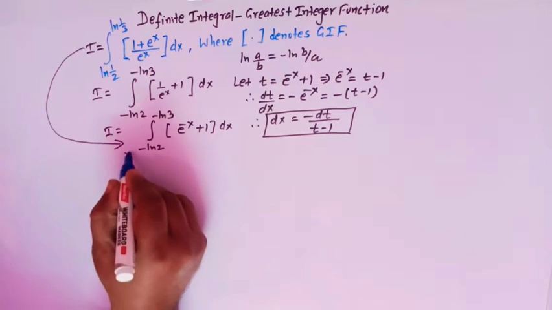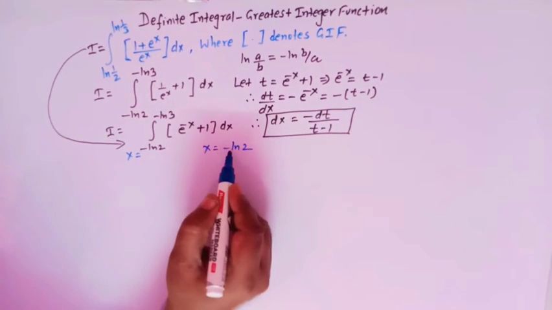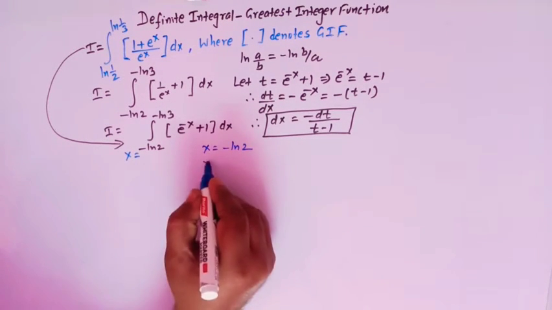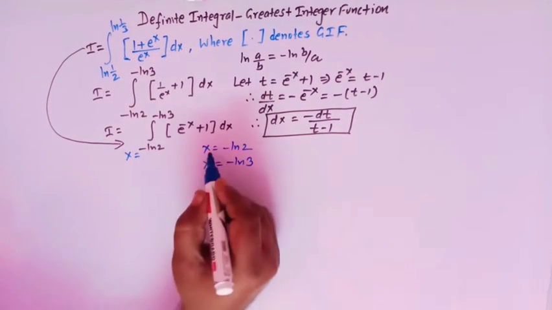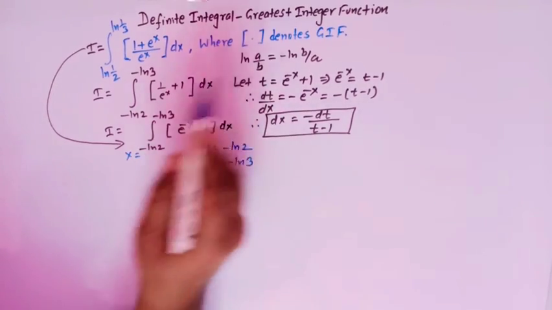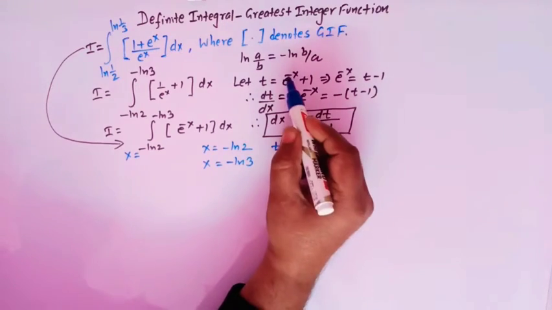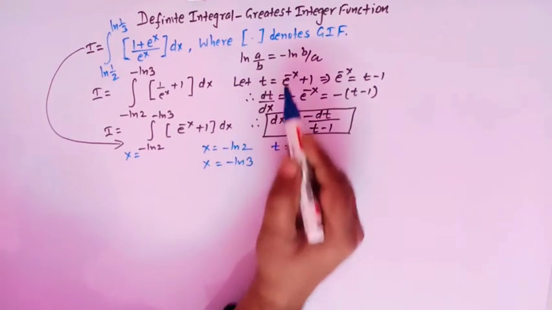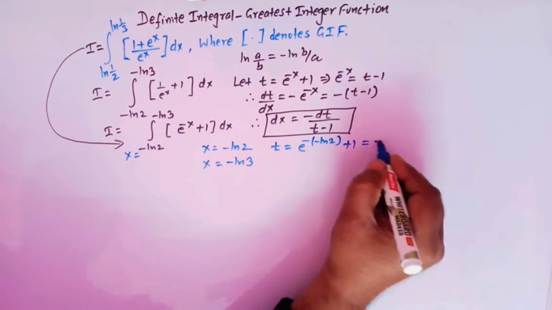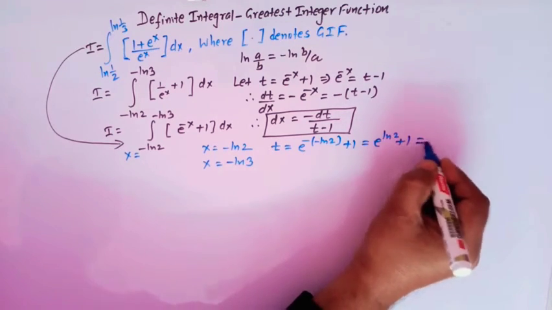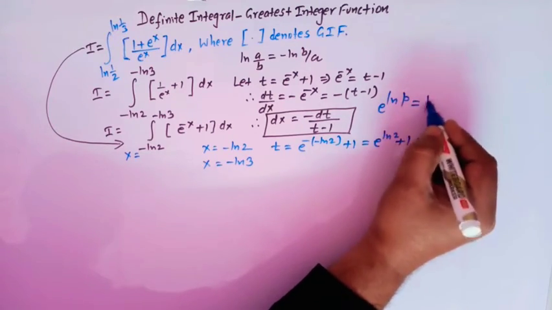Here the lower limit is x equal to negative of ln 2, where ln represents the natural log, and the upper limit is negative of ln 3. When x is minus log 2, the value of t is e raised to minus x plus 1, so we have e raised to minus of minus log 2, plus 1, that is e raised to log 2 plus 1. We know that e raised to log of p is equal to p.